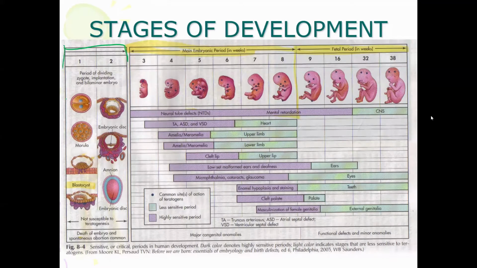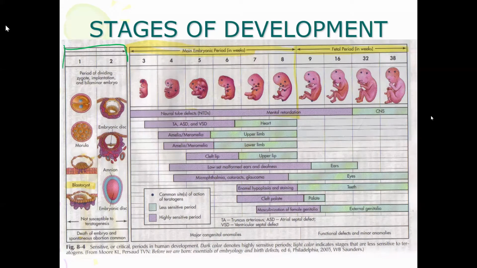So from zygote to morula, blastocyst, and subsequently the embryonic disc, the bilaminar disc, and formation of early uteroplacental circulation by invasion of the syncytial trophoblast, and there is formation of the primitive streak.